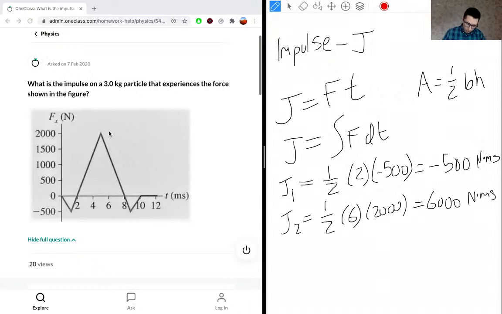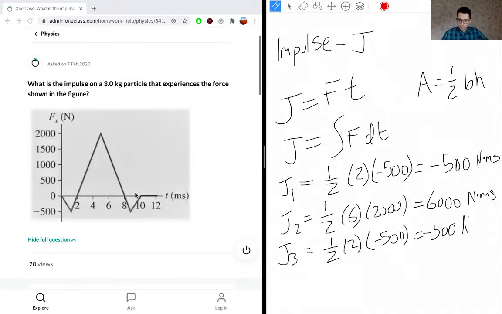And then J3, which is the last triangle, is a half times the base, which is 2, times negative 500, which is the height. We also get negative 500 Newton milliseconds.